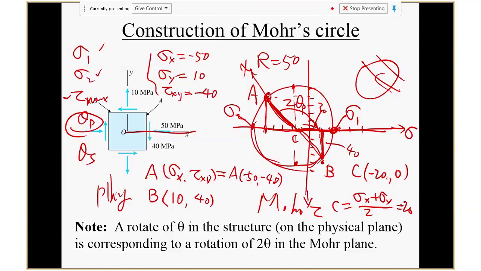So this point is here. That's why on the Mohr circle, your point A is at that location. So your x coordinate is from the center C to A, because when I rotate, every direction corresponds to a direction on this plane.